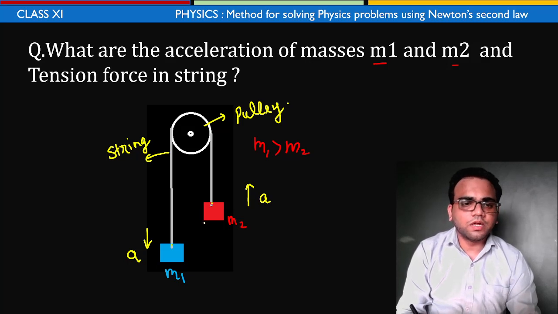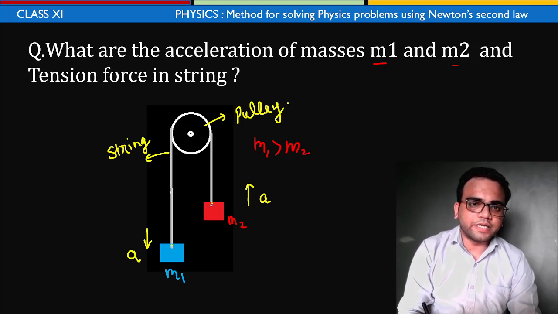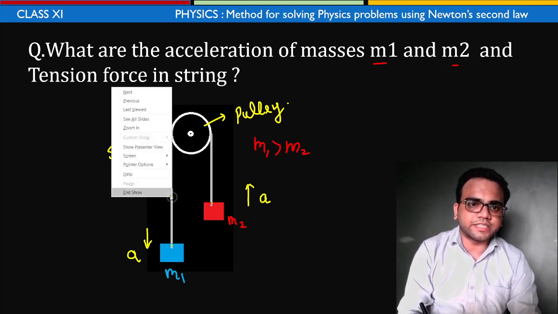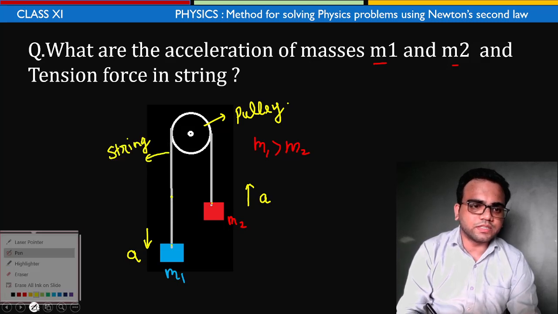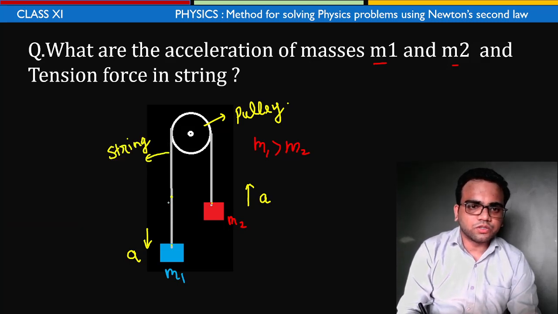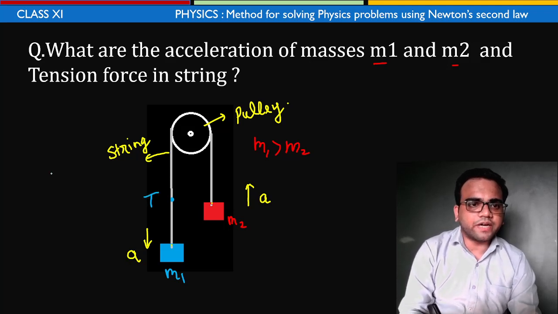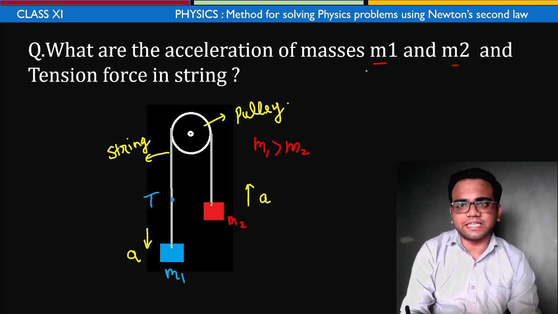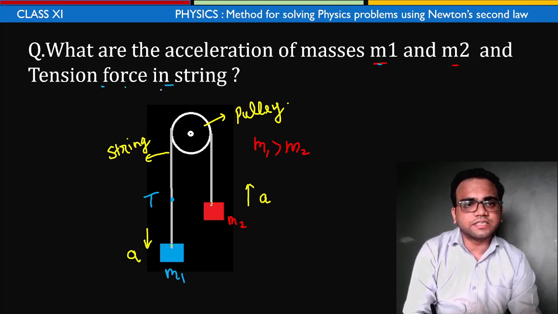If this string is tight, there will be tension also. So we are finding the accelerations of the masses m1 and m2 and the tension force in the string.